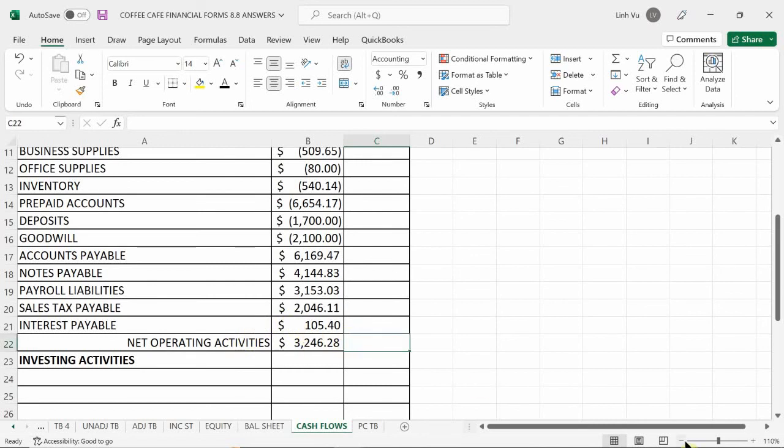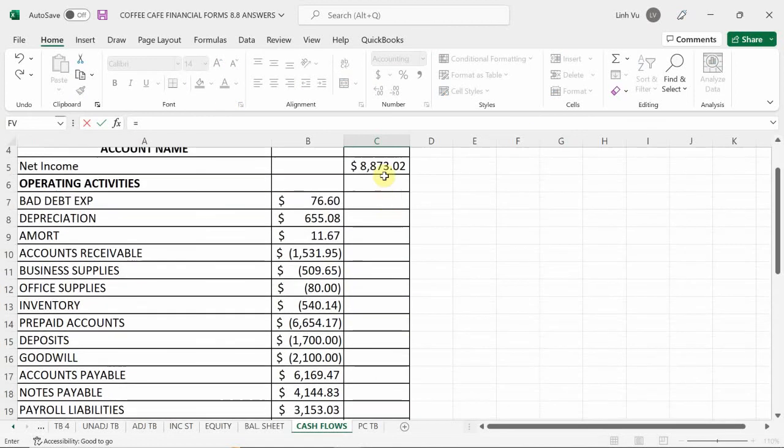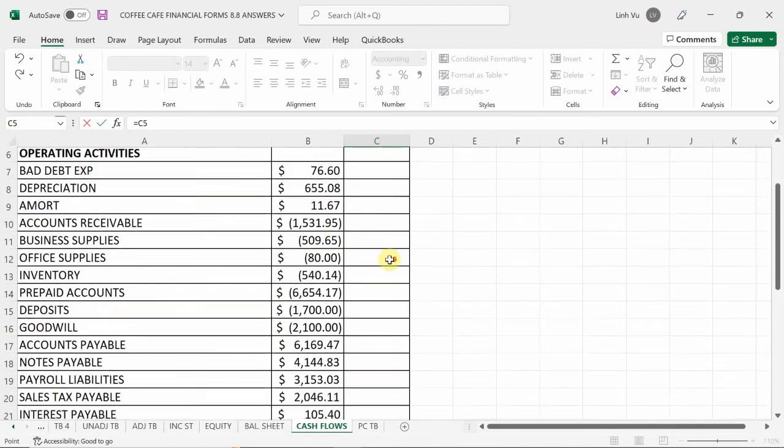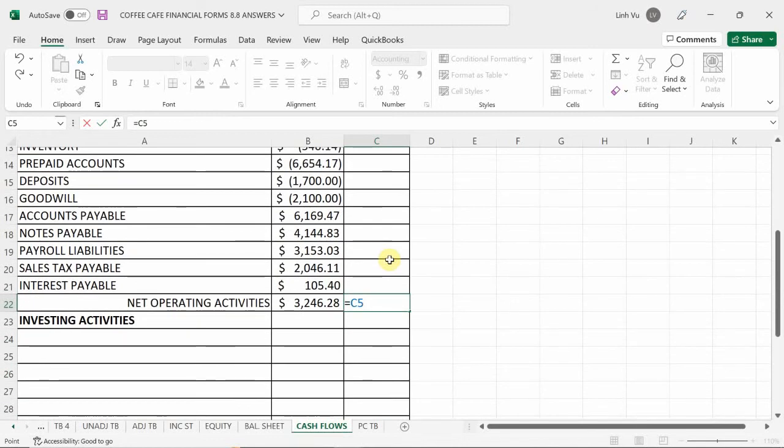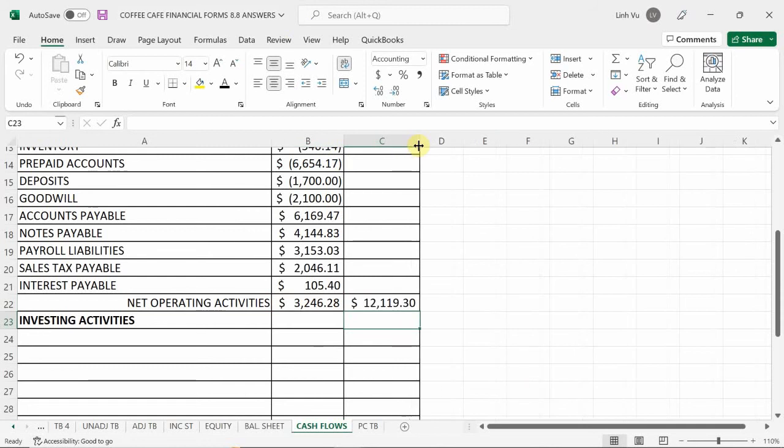So now, since it's a positive number, I need to add that to my net income, because it says money that I am calculating here. So I need to add these two values together. And you already told me it was 12,000.